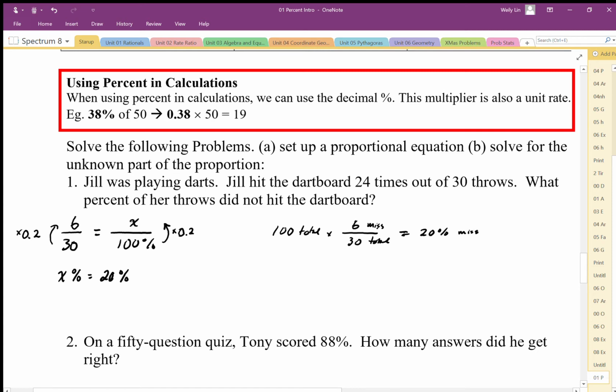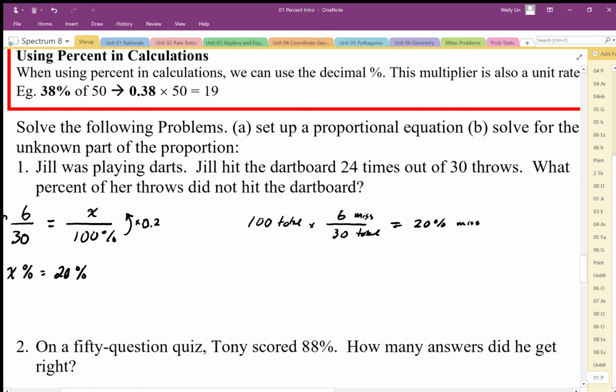So we can start using this times on top, divide on bottom, to show that the times and divide can cancel. Notice the units, the totals cancel, and we get our miss percentage when we work this out. So the units tend to work out.